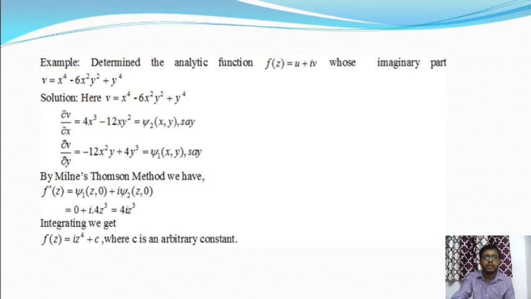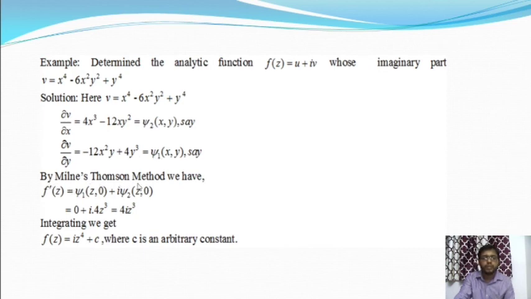Similarly, differentiating with respect to y gives minus 12x square y plus 4y to the power 3, say phi 1 of x comma y.